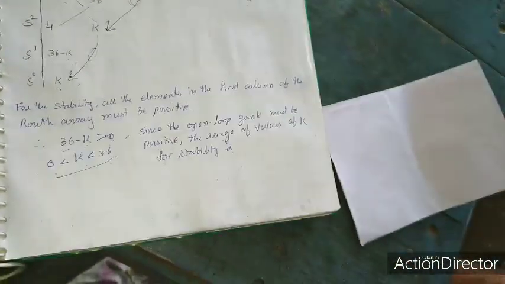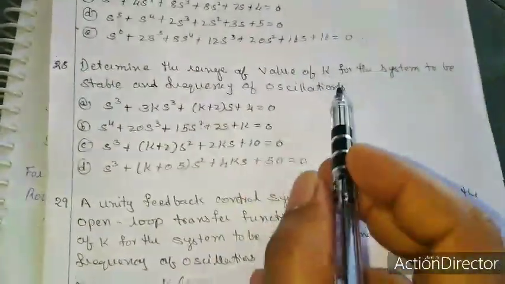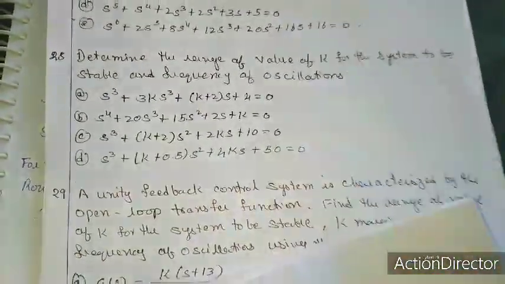So next we'll do some problems from the question bank which I provided to you, from problem number 38. Determine the range of value of k for the system to be stable and the frequency of oscillations. So this application we will do.